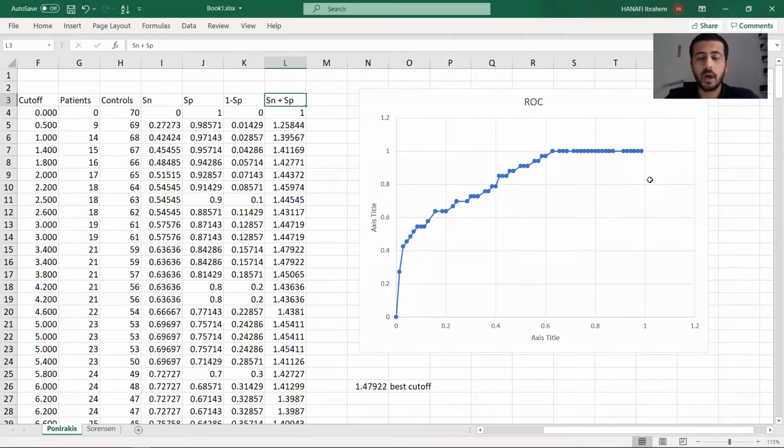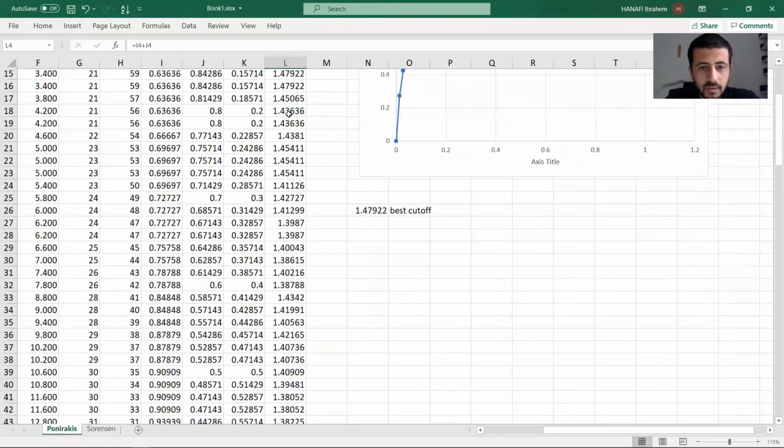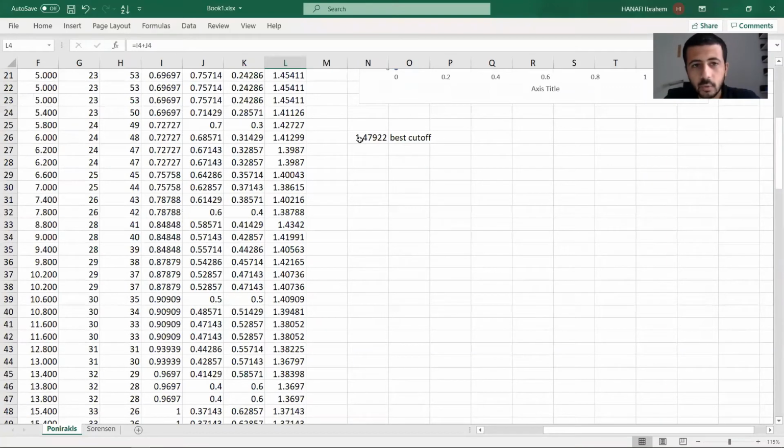For example, I won't accept a specificity of lower than 90. I can define these numbers clinically, but here, what I did is I joined them together. Then I took the highest number.